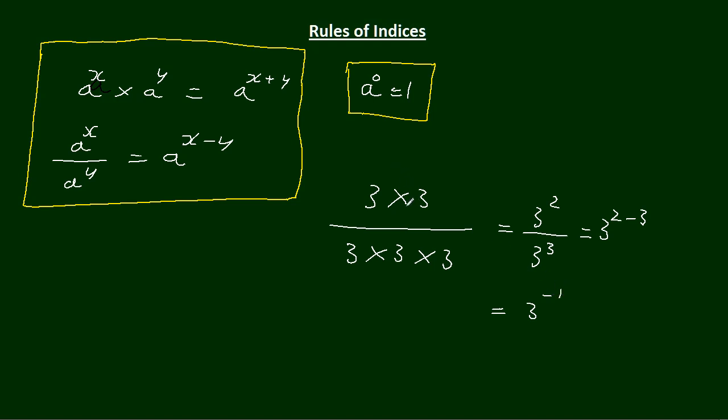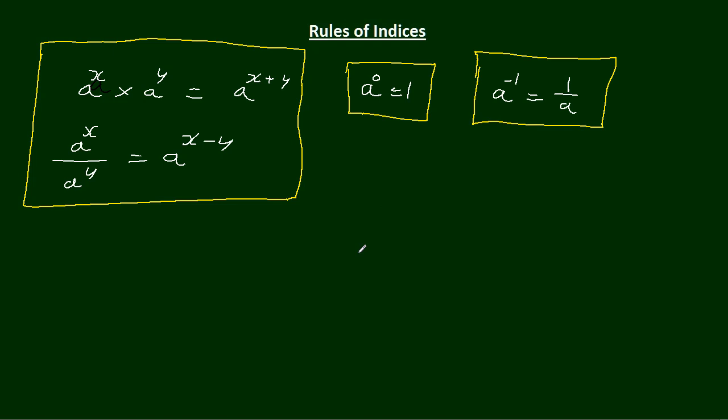And what happens here? 3, 3, 3. It's a 1 over 3 then, isn't it? 1/3 equals 3 to the minus 1. Whenever you see this, if you see a negative, it means we've got a reciprocal there. I'm going to put a general rule down.